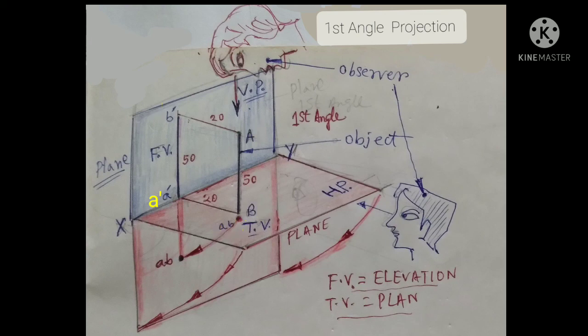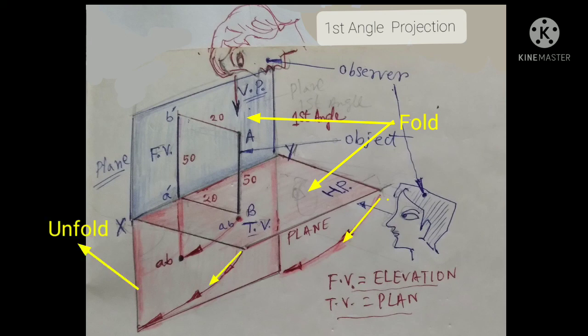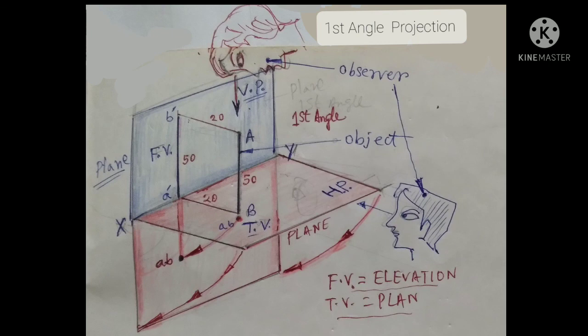And another important thing is that if we consider the two planes just like a paper, it is in folded condition. To get the orthographic projection, we have to arrange the paper in unfolded condition by rotating the horizontal plane 90 degrees, so that only the HP will be rotated and the vertical plane will be in still condition.